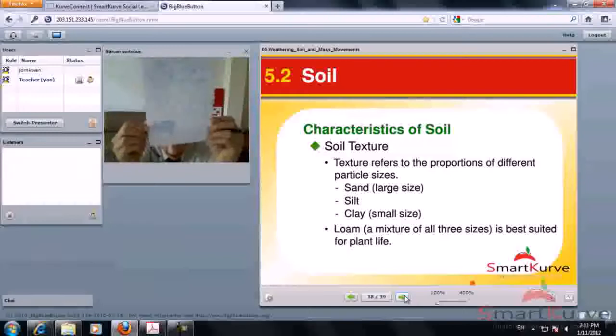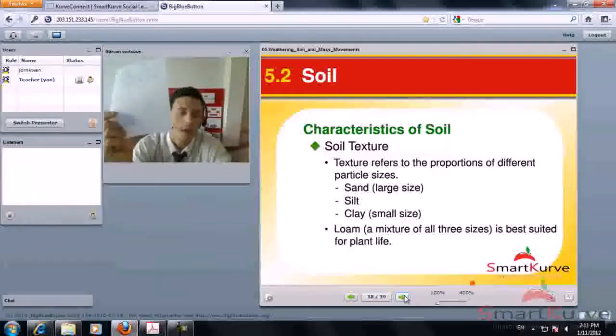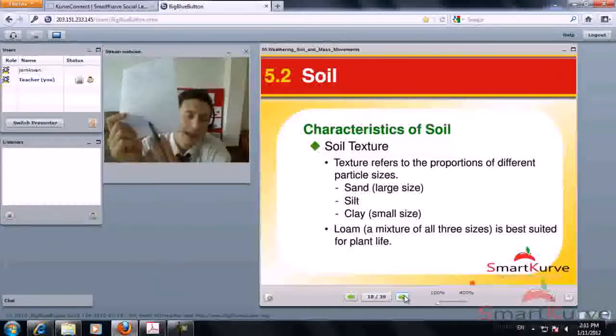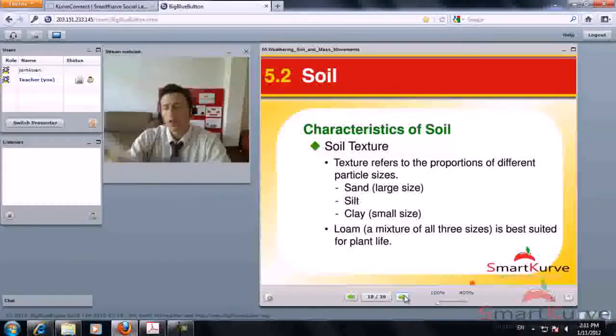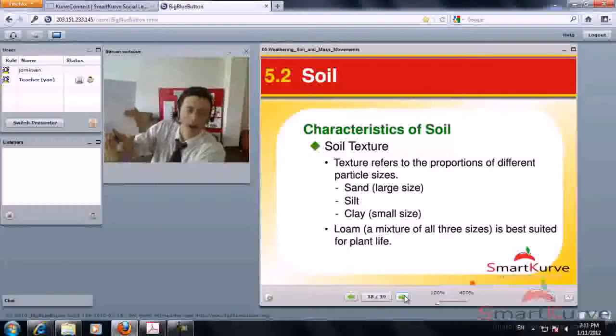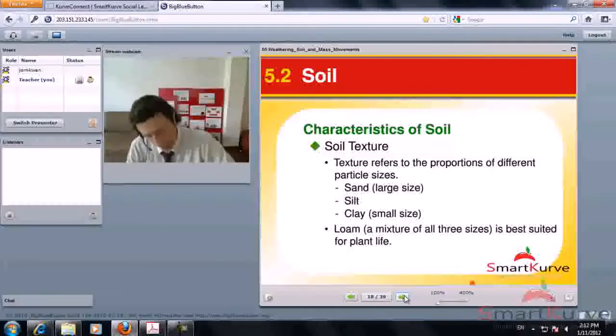Now clay, I've drawn where the particles are so small we can't see them. Now, the water cannot trickle through the clay, so the clay will hold on to the water. However, the air cannot get into the soil.